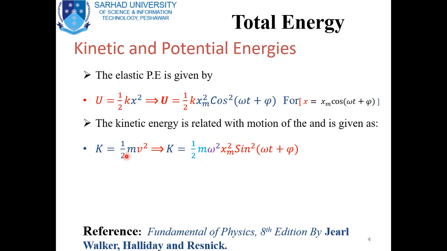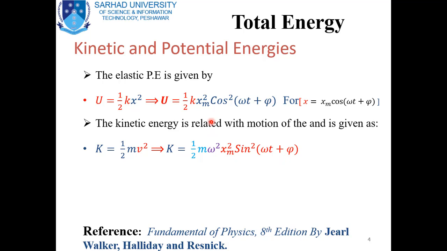So m is the mass of the oscillating object and v is the speed of the oscillating object. As in the previous lecture we developed the expression for velocity, so put that value over here and open the square. We will get K is equal to half m omega square xm square sin square(omega t plus phi).